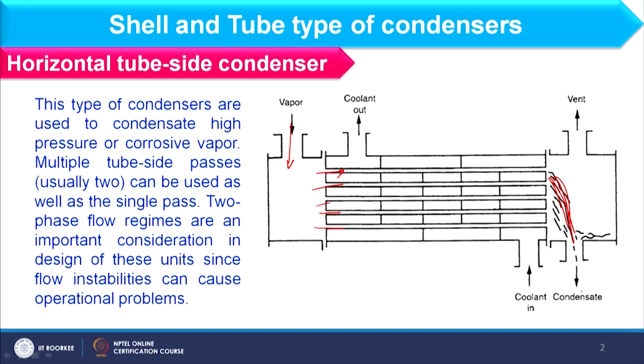Now, as far as baffle positioning is concerned, this is a normal baffle with a horizontal cut. If you remember the horizontal condenser where condensation occurs in the shell side, we discussed that baffles usually have a vertical cut because of the vapor movement.